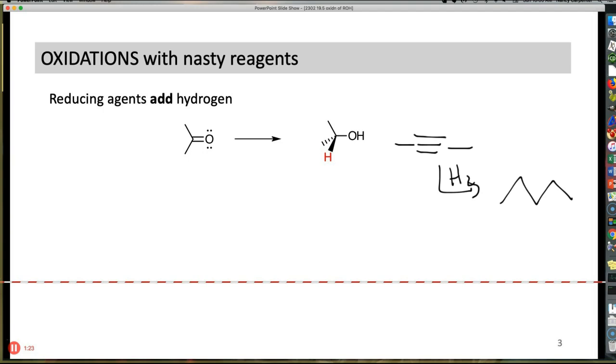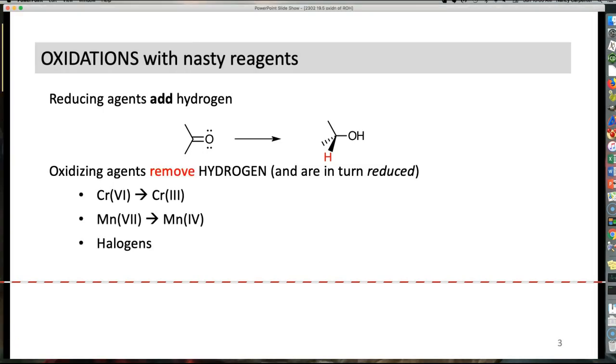So reducing agents add hydrogen. Oxidizing agents, therefore, must do the opposite. They remove hydrogen. And the whole chemical background of this is that if they're removing hydrogens, there's got to be a driving force, and the driving force is that these oxidizing agents are in a very high oxidation state, and they want to be reduced.